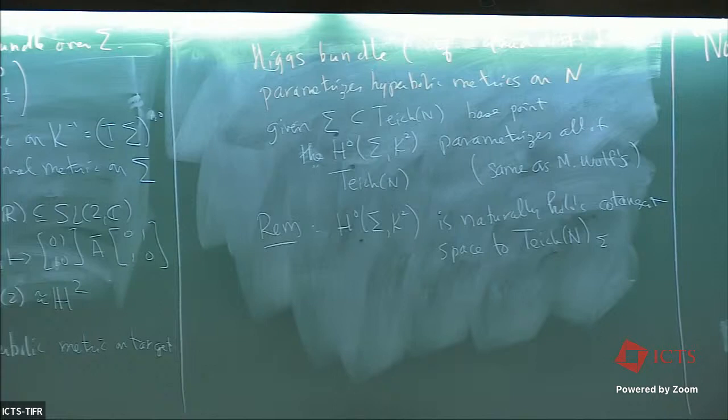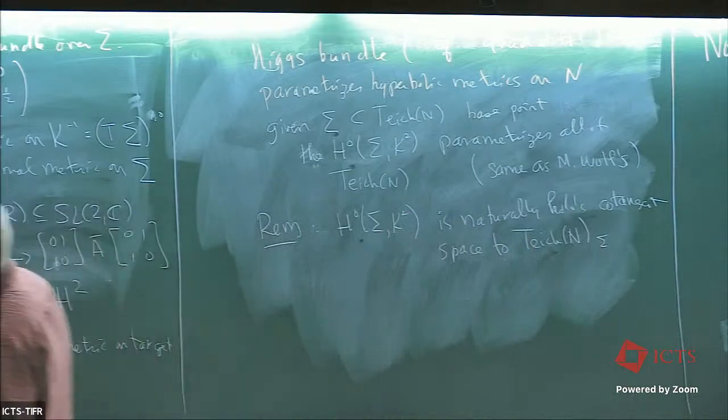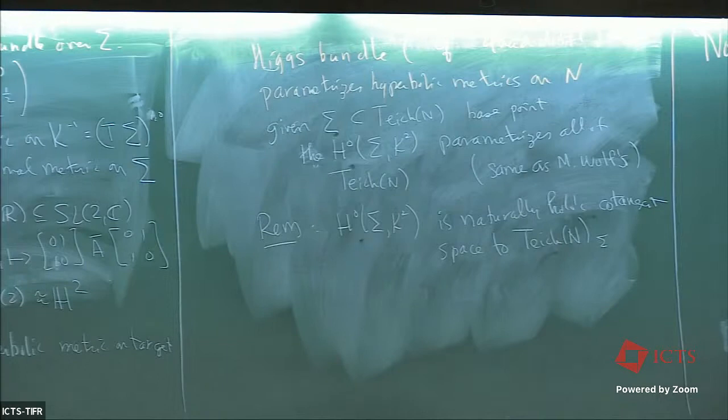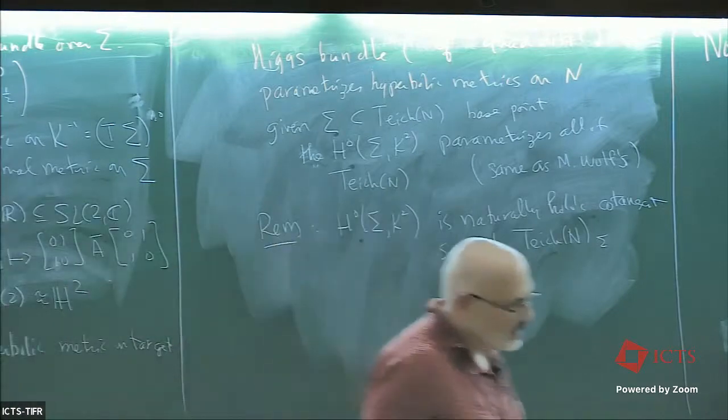You can get all of Teichmüller space with this. And I wanted to show you this in some part because this is a situation where the stability condition is easy to check, right? Which is nice.